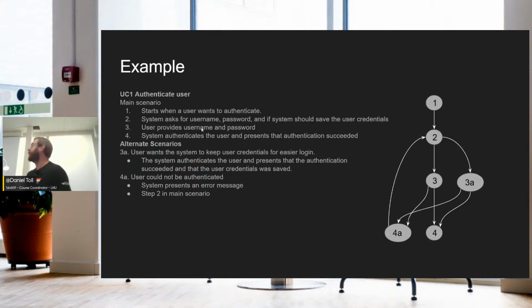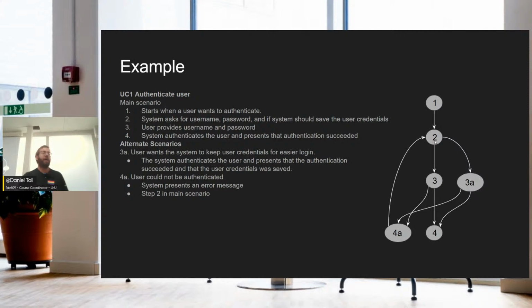So here we have the example that I was looking for. So we have the same main scenario. So one is that the user wants to authenticate. 2 is system asks for username, password, and if the system should save the user credentials or not.